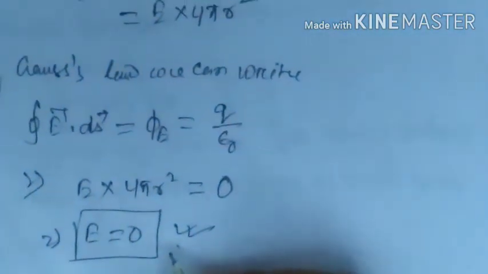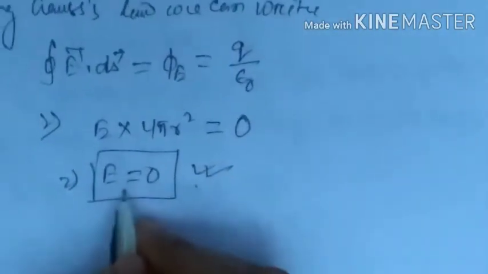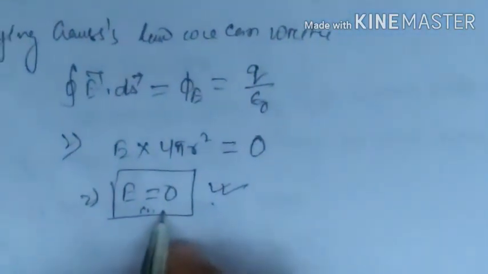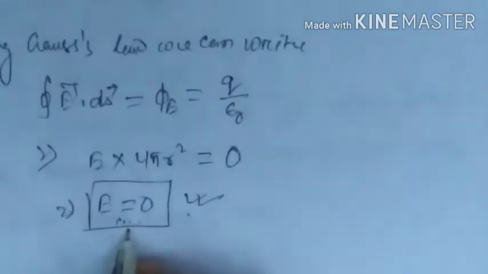So this is a very important point. So what we got, hence the electric field due to a uniformly charged spherical cell is 0 at all points inside the cell. So note down this one.